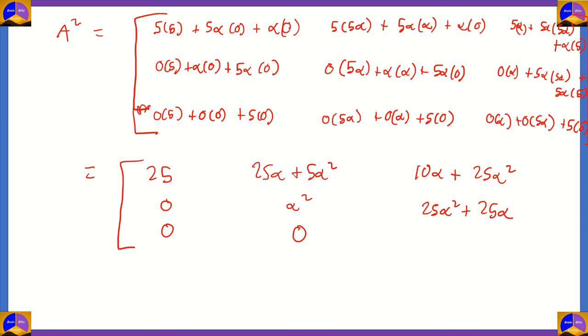On second thoughts, it's actually 5 alpha squared plus 25 alpha, and then the last term will be 25. So now what we're going to do is take the determinant of this matrix.